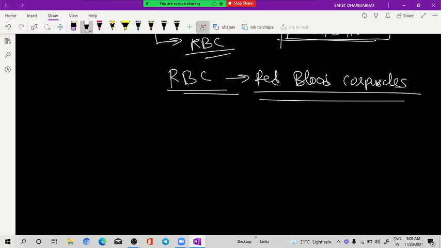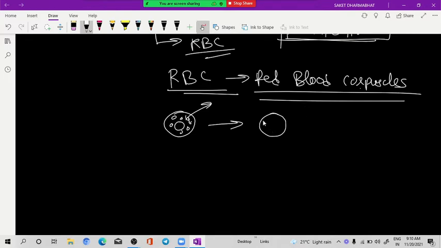Okay. So what is the meaning of corpuscles? See, a normal cell has all the cell organelles like nucleus, mitochondria, Golgi body, endoplasmic reticulum. But if you take out all of these cell organelles, then what will remain? An empty cell will remain.